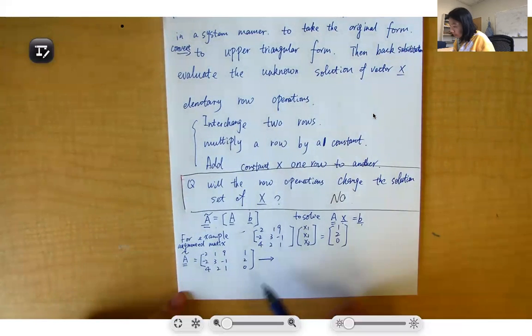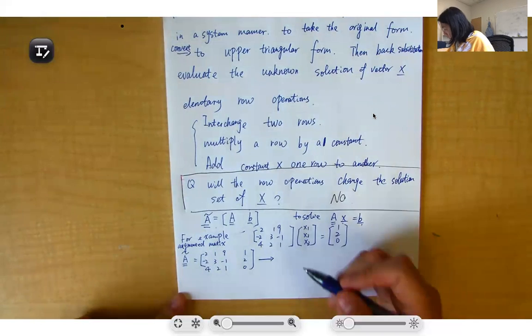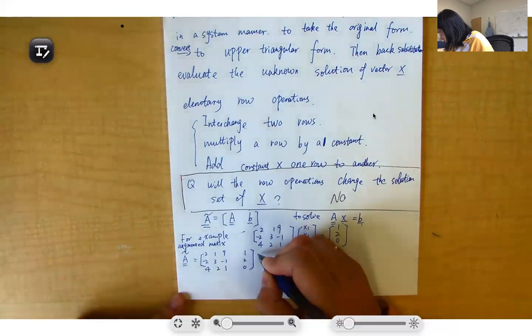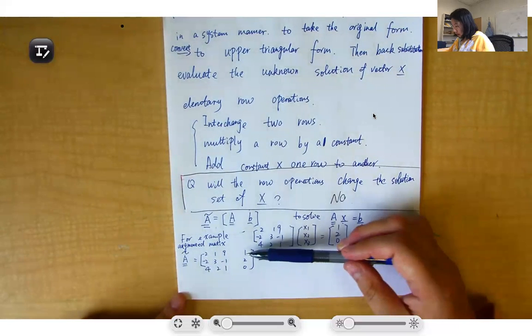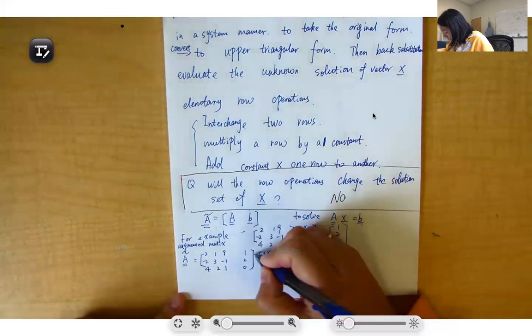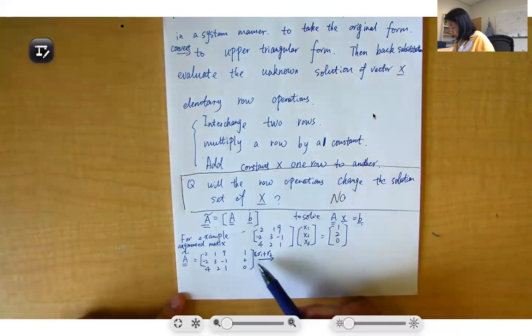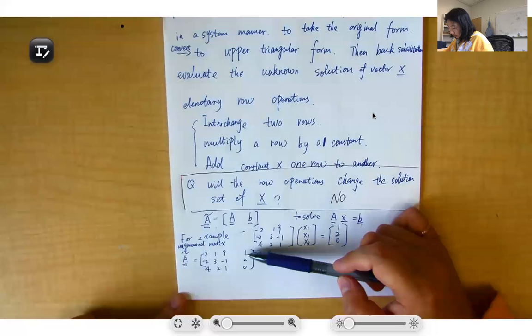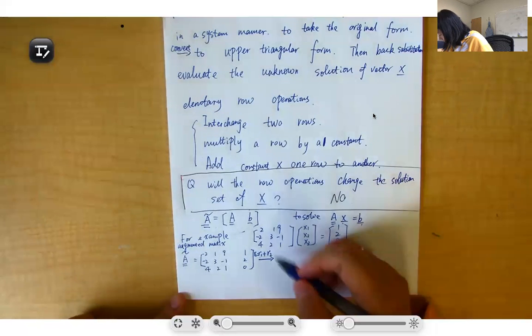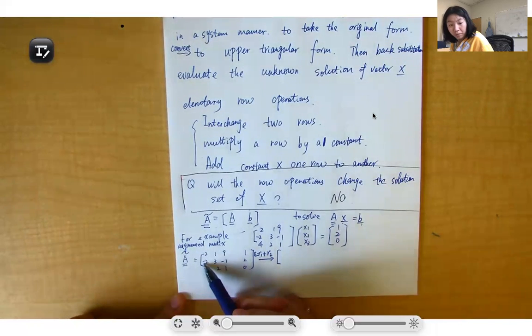The first row operation I will do is R1 plus R2. The new R2 will equal R1 plus R2, so you add R1 to R2. That is trying to make this part 0.